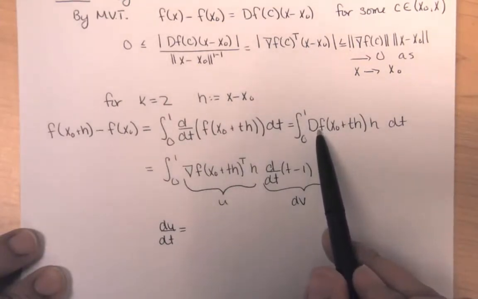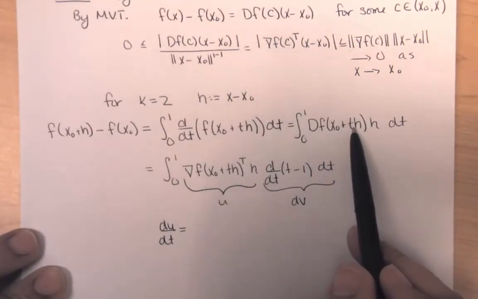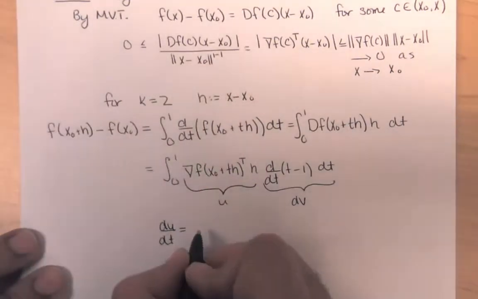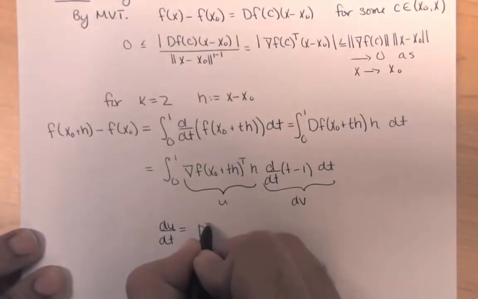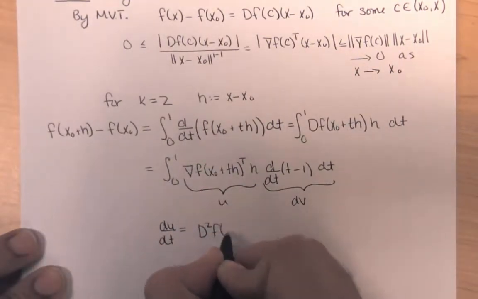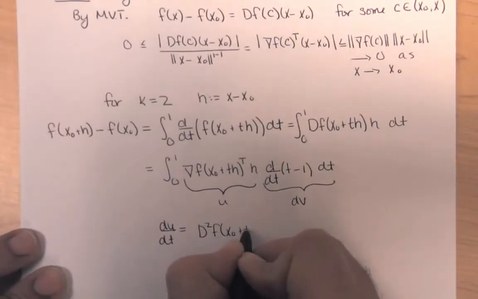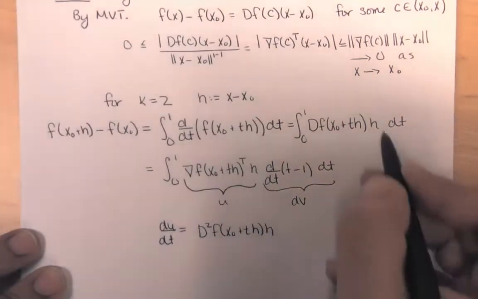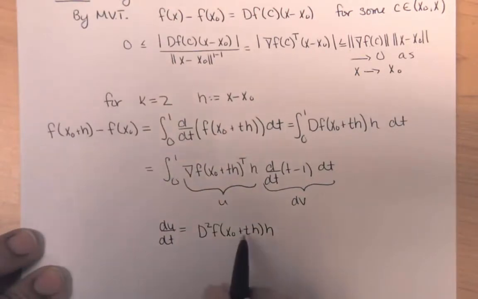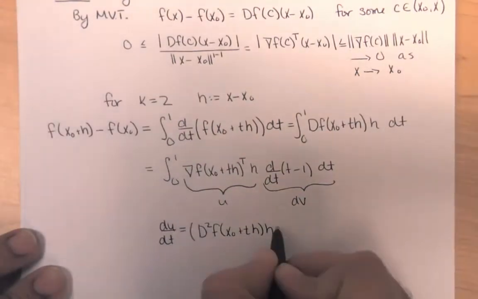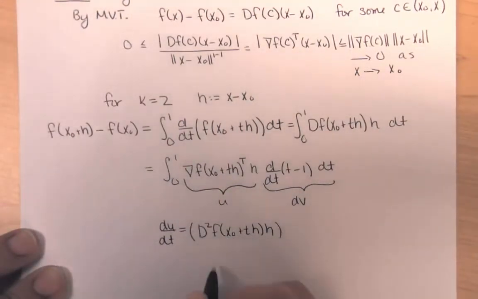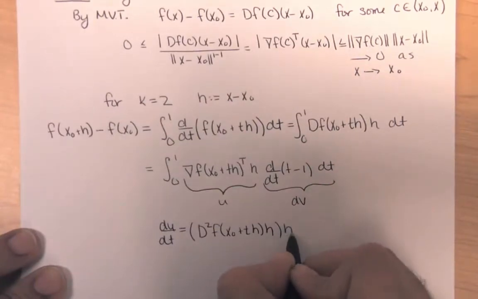And now I have to take the derivative of that with respect to t. So I'll get the second derivative, evaluated here, times h. And then the chain rule says times the derivative of the argument with respect to t, which is h.